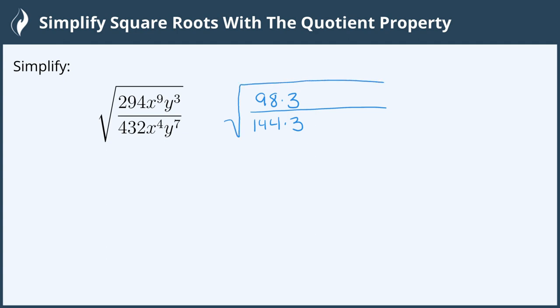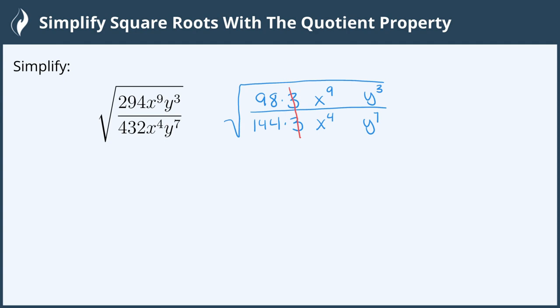And these are all still under the radical. Now we have x to the ninth, x to the fourth, y to the third, and y to the seventh. The 3's can cancel, which simplifies a little bit of our fraction.